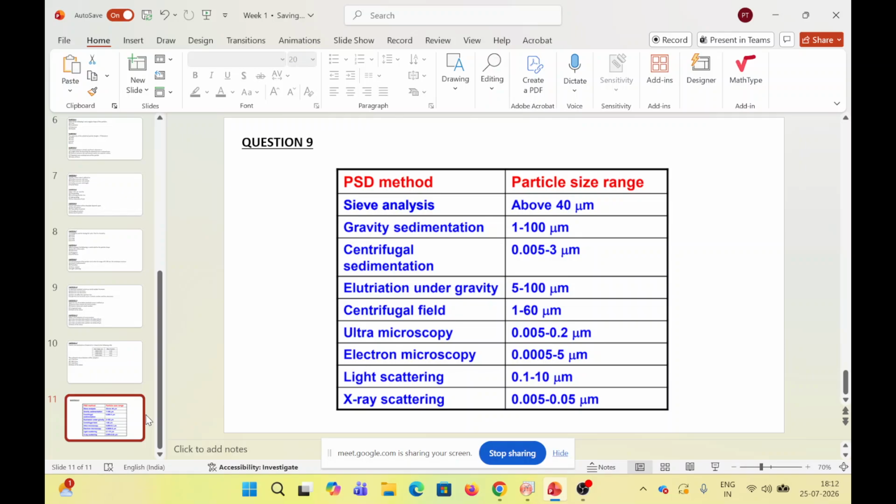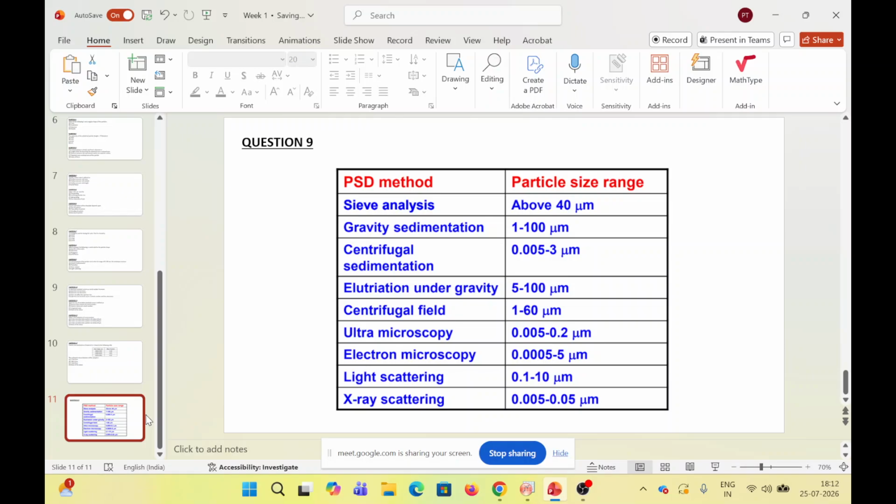In order to do particle size distribution, we have to use different kinds of techniques, because all the techniques are not suitable for particles of all sizes. For example, sieve analysis you can only do when you have a particle size above 40 micrometers.